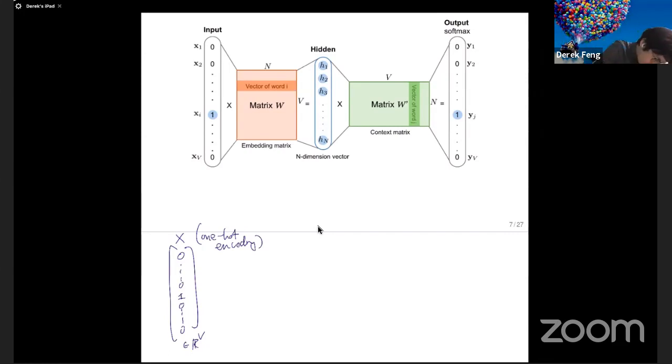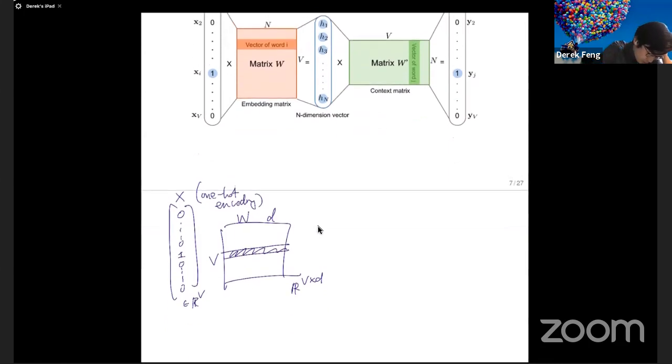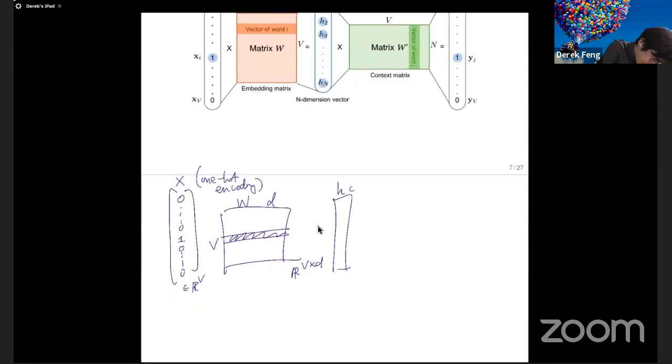So we're going to have a matrix here, V by D, so this is R of V times D. I'm going to call this my matrix W, and then I'm going to write this as H. So H is in R to the D.